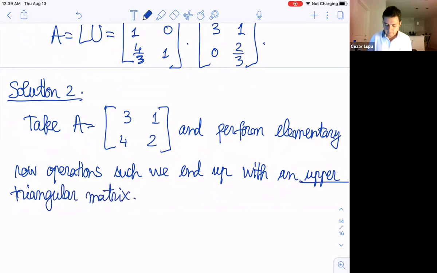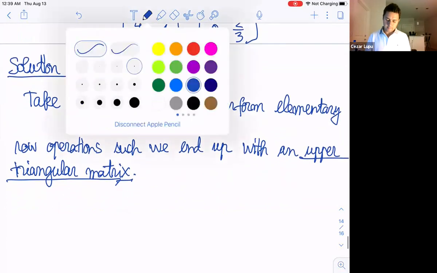This is important. So we'll perform elementary operations in such a way. Okay, let's do it. And I'm going to do the following. I'm going to write the following chart.